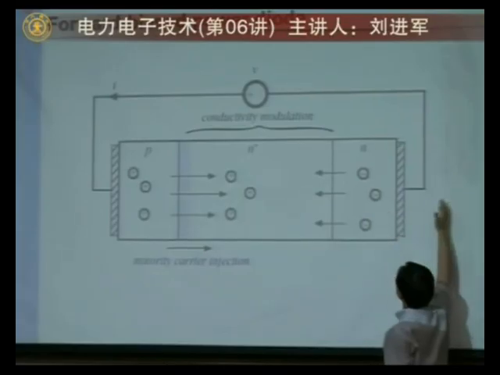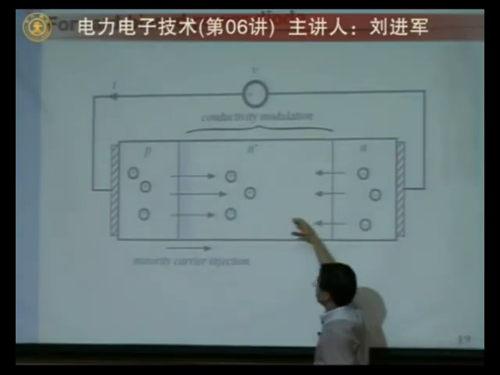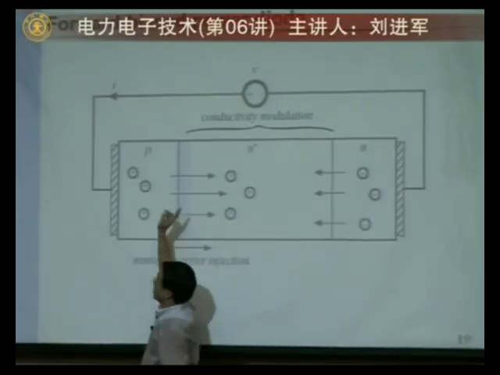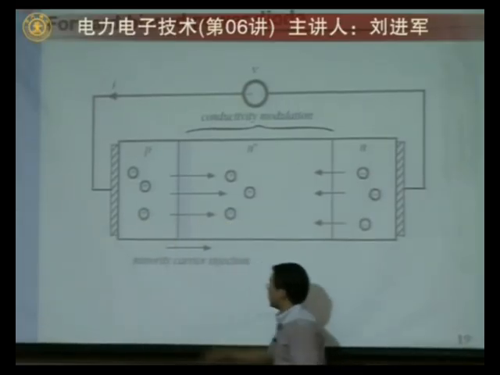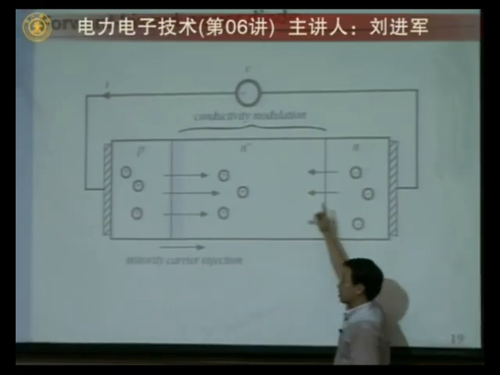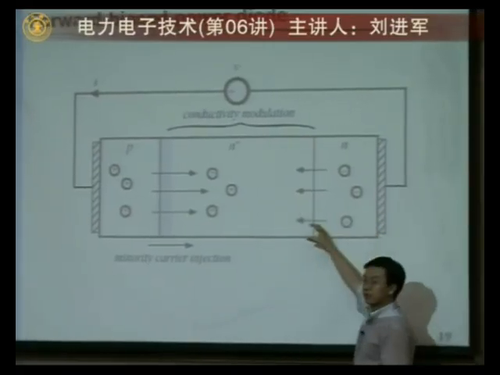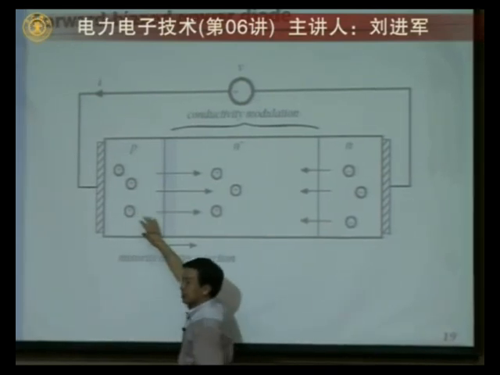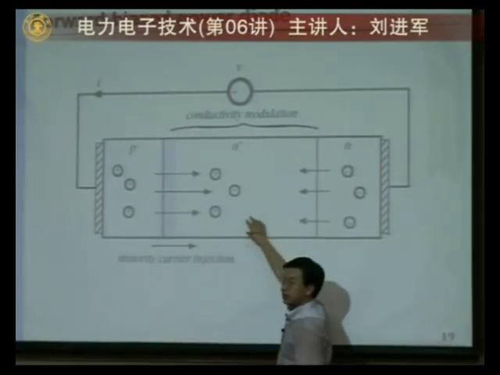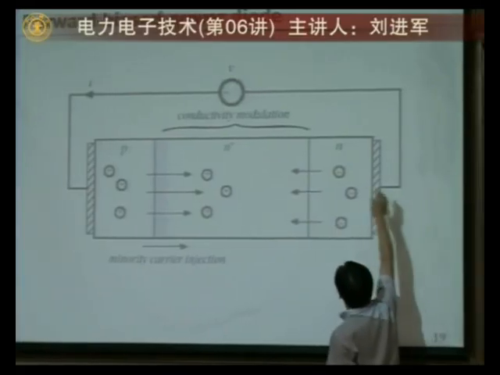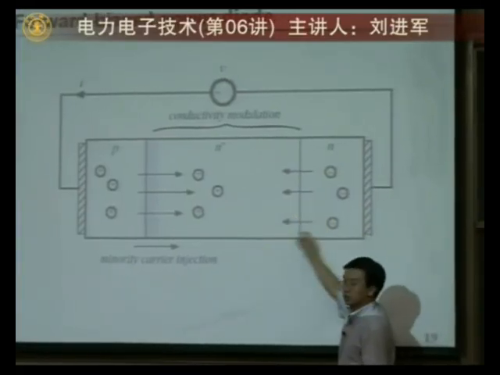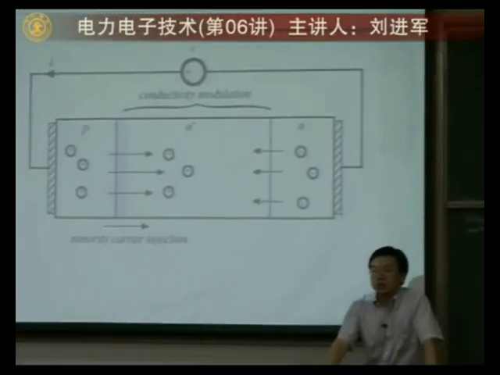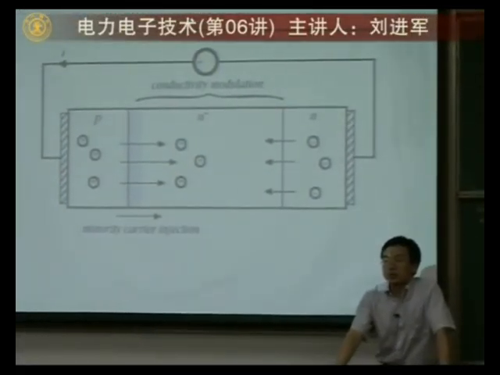Electrons move continuously from the N side into the intrinsic region, on to the P side, and then back through the outside circuit. Holes move from the P side into the intrinsic region, then into the N region, and come back to the P region through the outside circuit. That's the moving direction when the diode is forward biased.